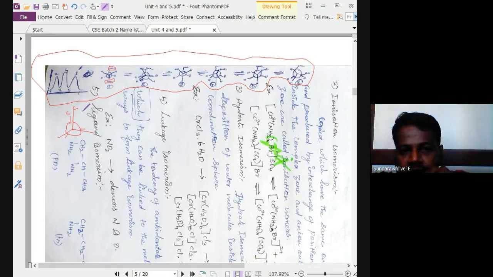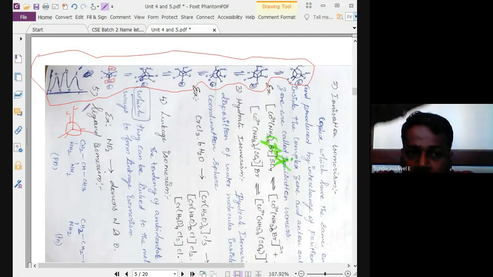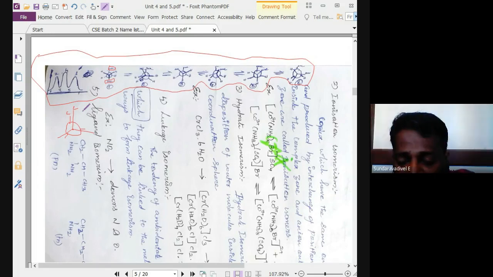That is more stable because the bulkier groups are present in the opposite direction, 180 degrees apart. Therefore, the repulsion is very less. If the methyl groups are present on the same side, like the fourth one, look at it here.